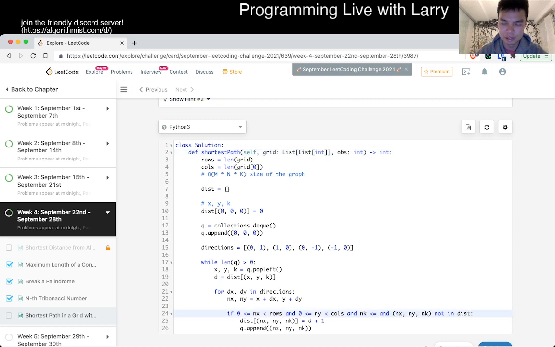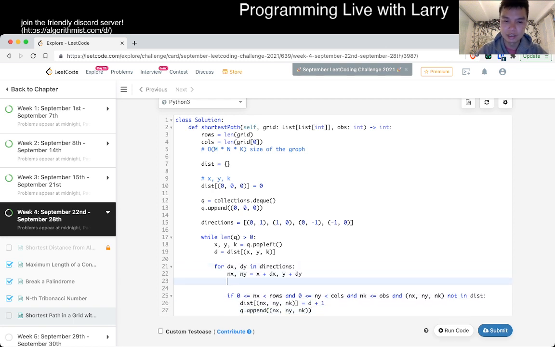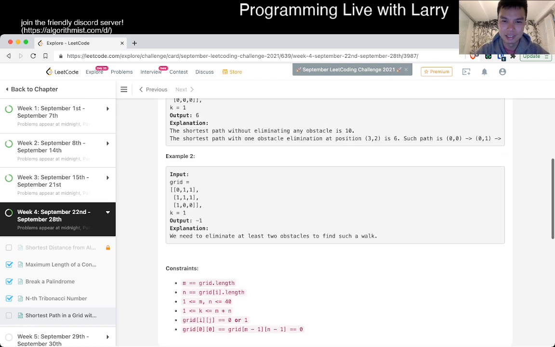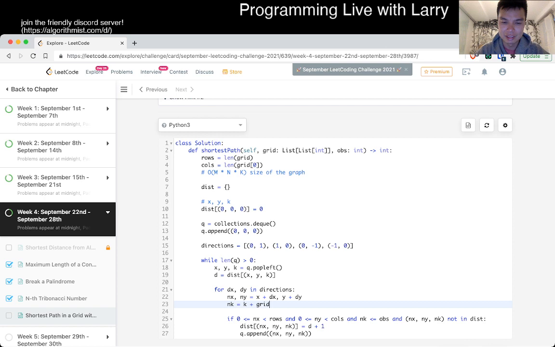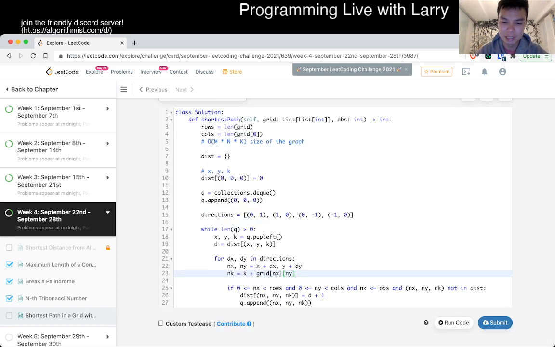It's really weird. Okay, maybe not. Maybe I'm just being confusing. Tired. Okay, so then new k is equal to k plus. I guess in this case, actually, this is very easy. So basically, you're stepping on a mine, you used up one of the k's.